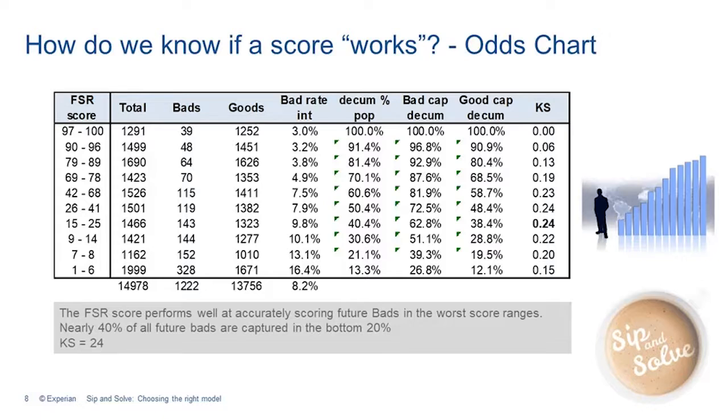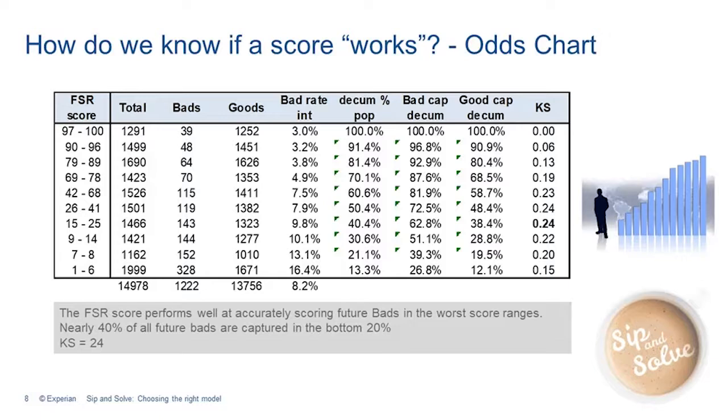Here you just have the cumulative and decumulative, and you can see where the KS is. So in this example, the KS is the highest point between that random line and the curve is down in the 15 to 25 score range. That KS hits 0.24. And so a 24 KS is a good metric saying that the model is predictive and indicating that the model is doing what you want it to do.